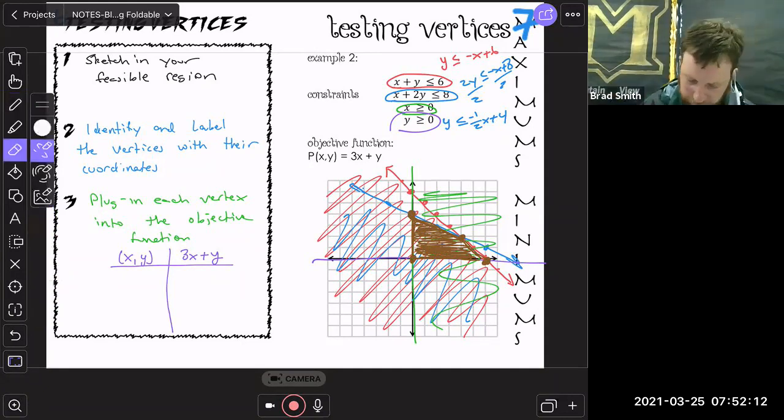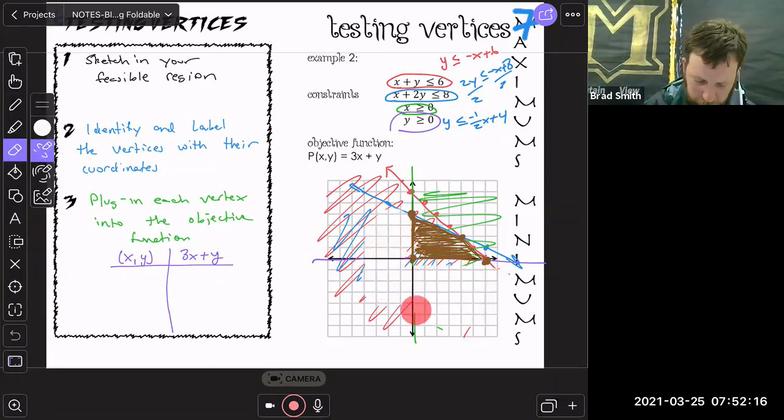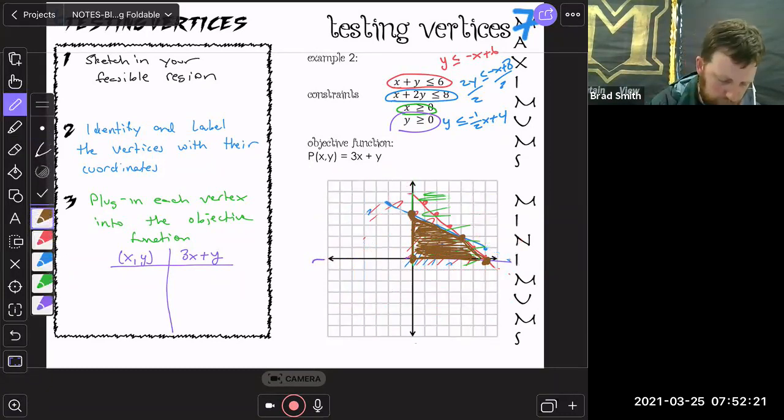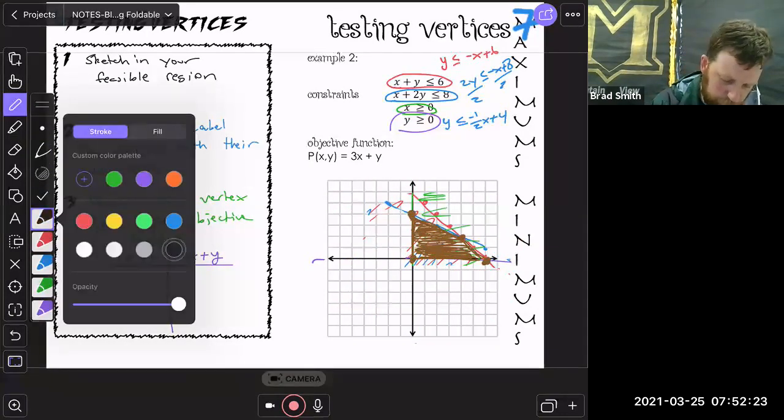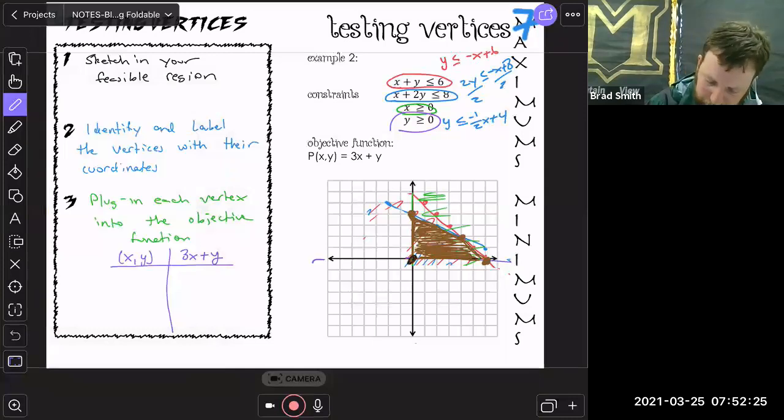While we're catching up, I'm going to erase some of this shading that's pointless for me so I can have space to write on. All right, so what this tells me, my vertex points, this point is 0, 0. This point is 0, 4. This point over here is 1, 2, 3, 4, 5, 6.